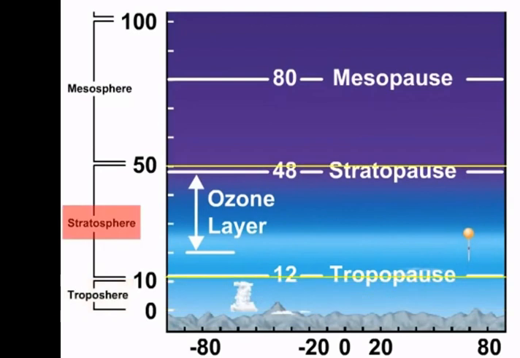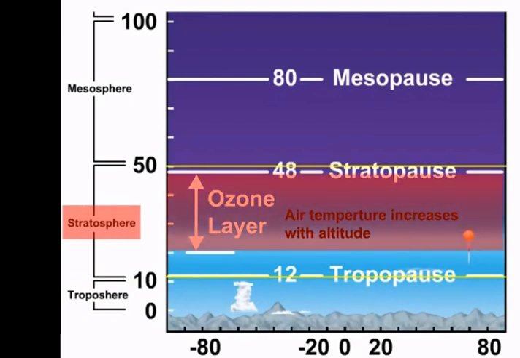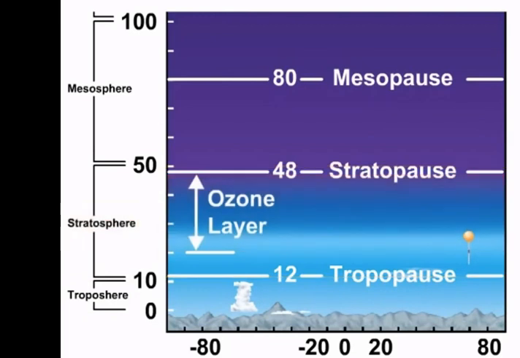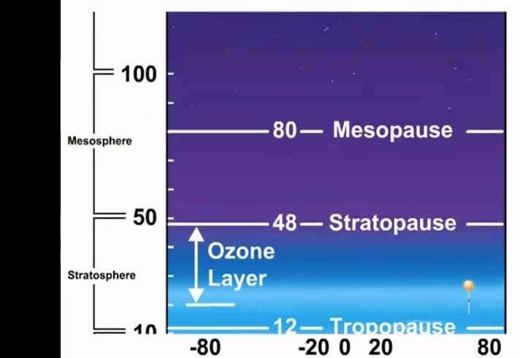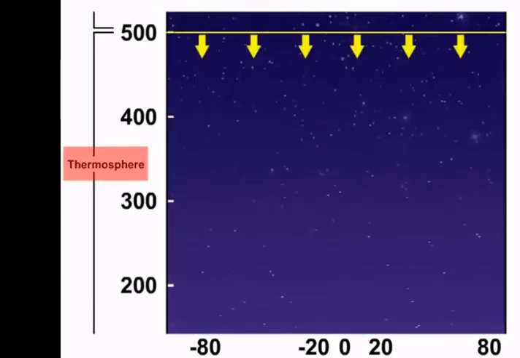Above the troposphere is the stratosphere. Air temperature increases with altitude here. Most of Earth's ozone layer is found in the stratosphere. Approximately 50 kilometers to 100 kilometers above Earth is the mesosphere. Like the troposphere, air temperature decreases with altitude. The thermosphere stretches between about 100 kilometers and 500 kilometers above Earth.